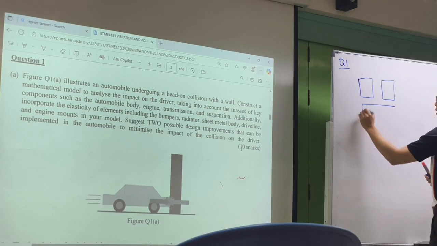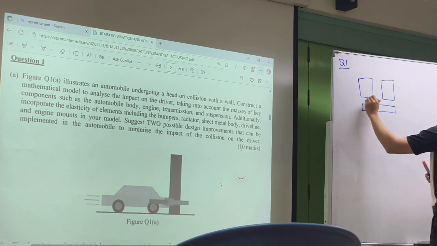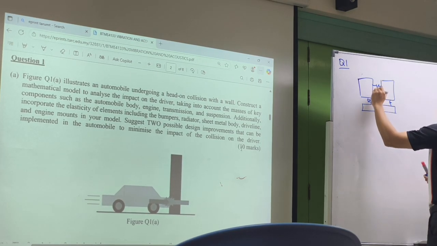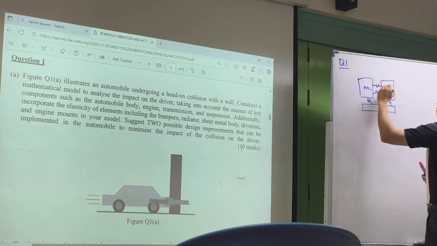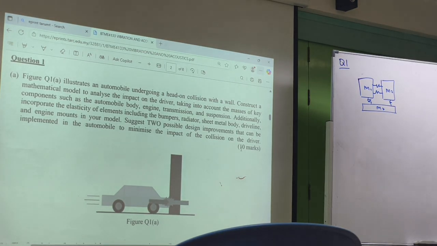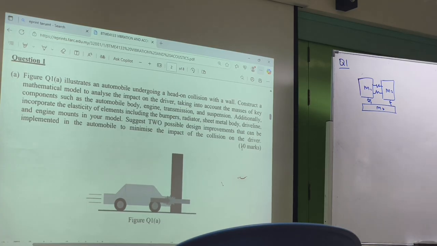Suspension, maybe I put it together. So now at least the forces act on each other.